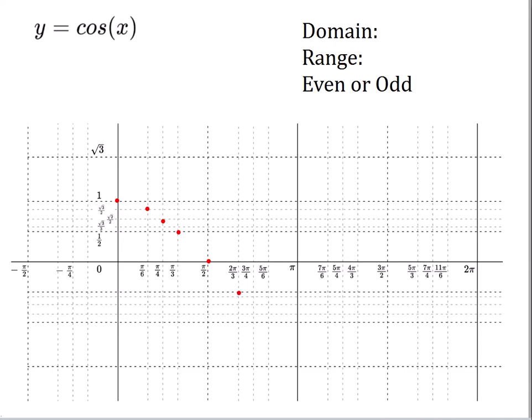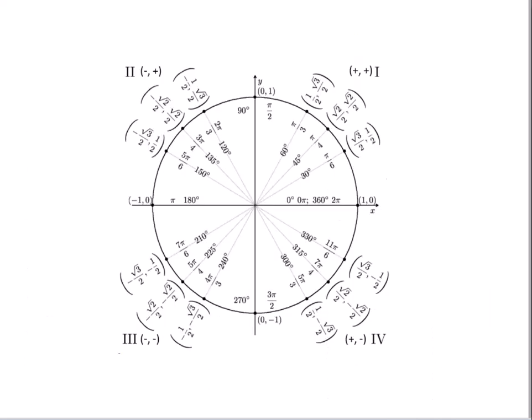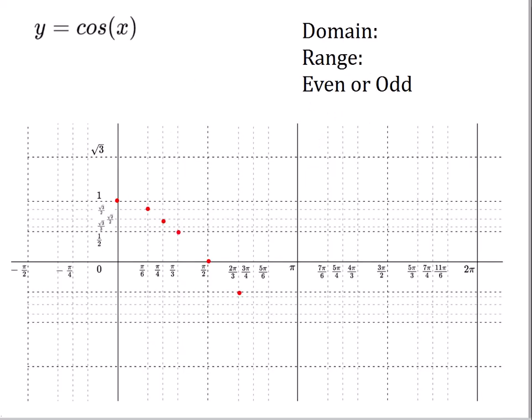When we cross over into quadrant 2, now our x values are negative. Over here they're positive, over here they're negative. Let's keep going around down to negative square root 2 over 2, negative square root 3 over 2, negative 1, and then back up again.